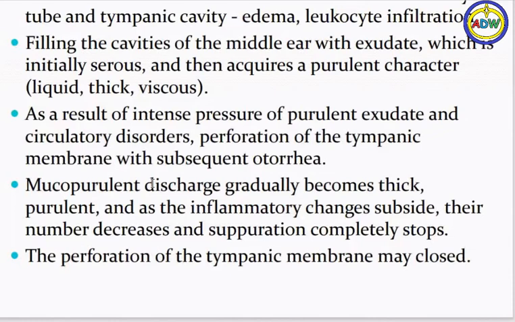Otorrhea means discharge from the ear. Oto is ear, and rhea is liquid. Mucopurulent discharge gradually becomes thick, purulent, and as the inflammatory changes subside, the amount decreases and suppuration completely stops. The perforation of the tympanic membrane may close.